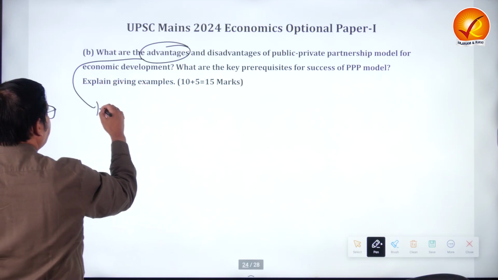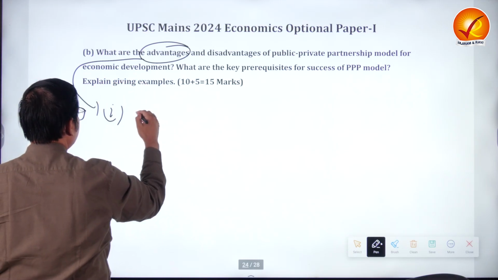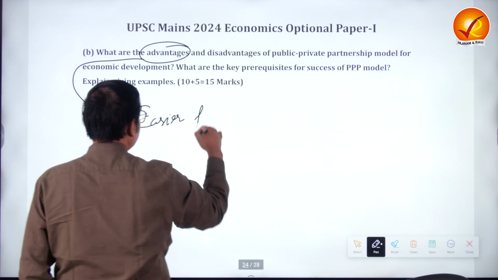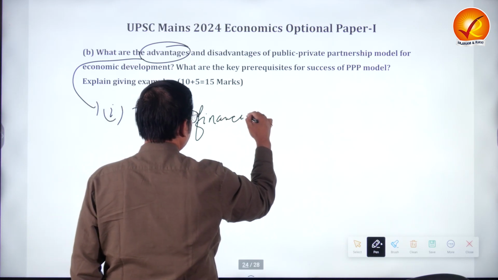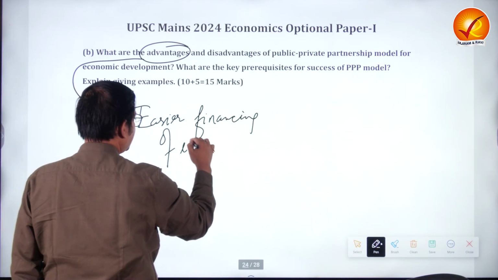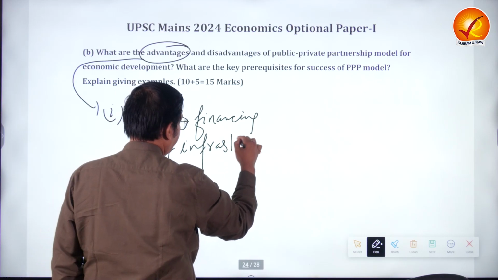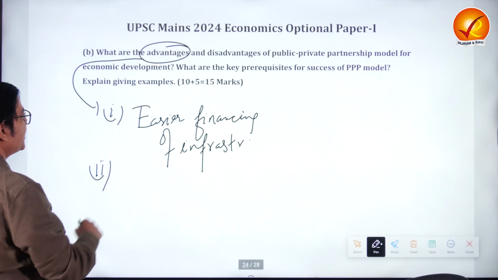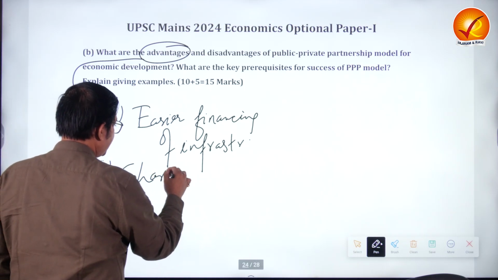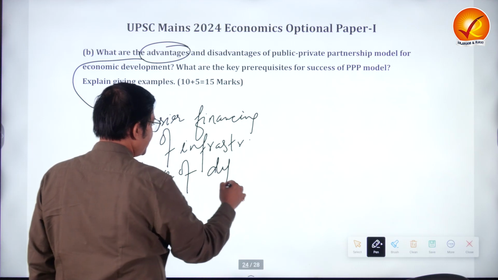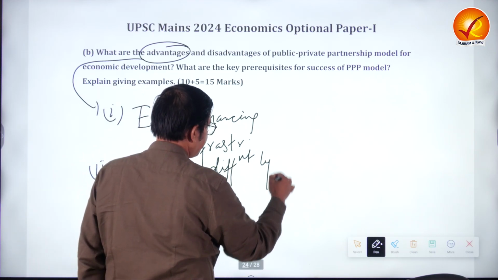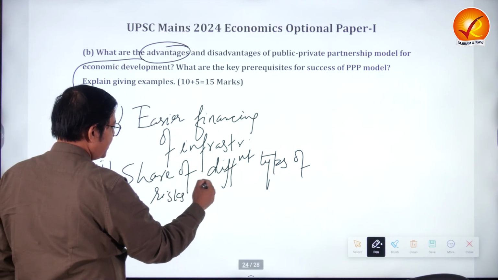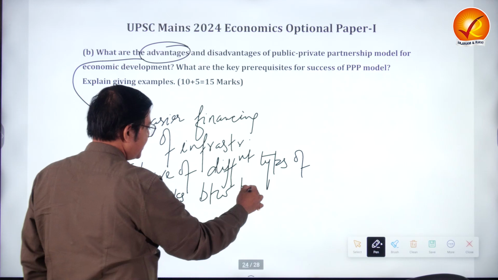Advantage is that there is easier financing of infrastructure projects, because the private sector is capable of putting in money. There is sharing of different types of risks between the public and private sector.